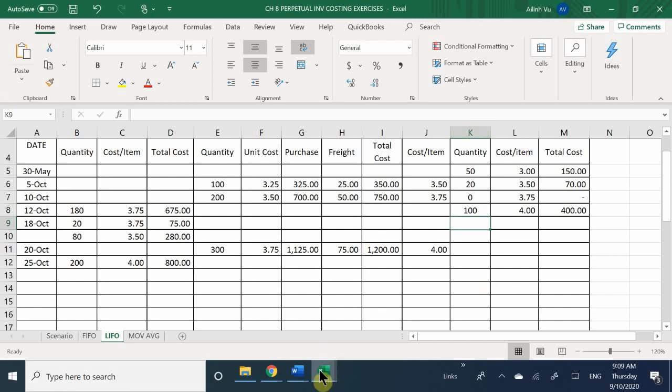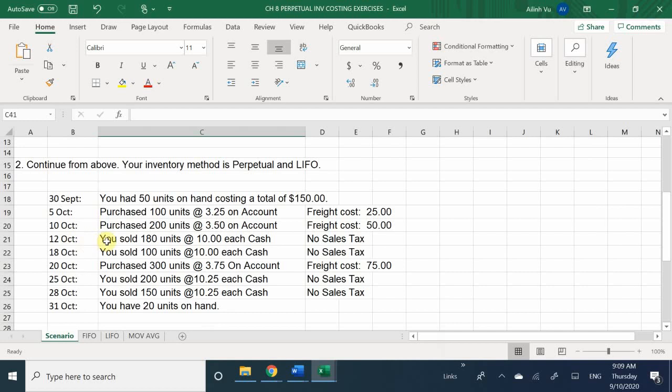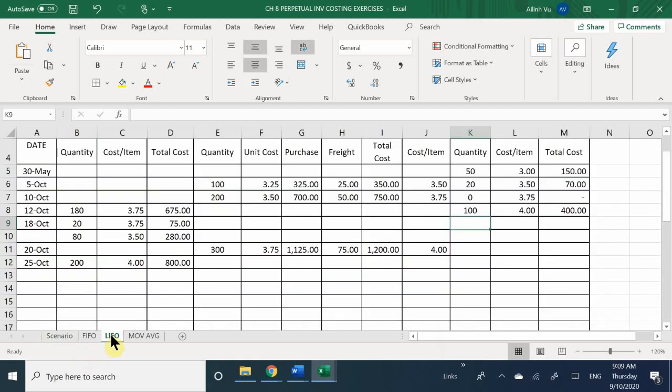Okay, good. Then what happened next, and what is the last piece of information we need to know? What happened on October 28th? Another 150 units were sold.